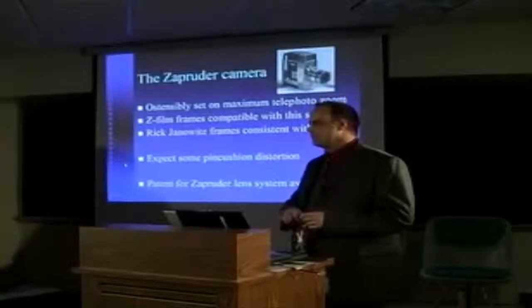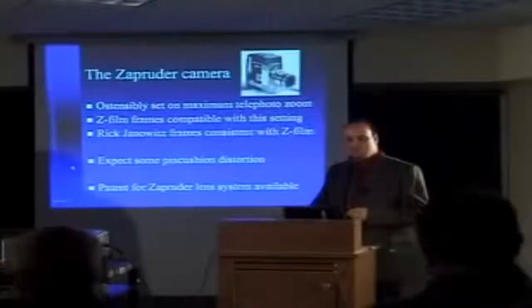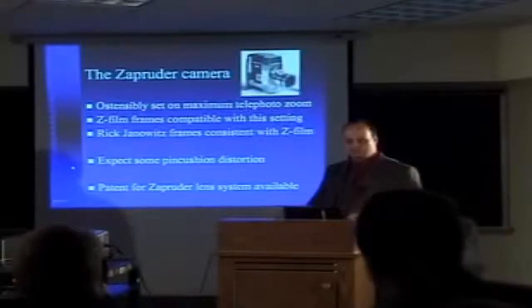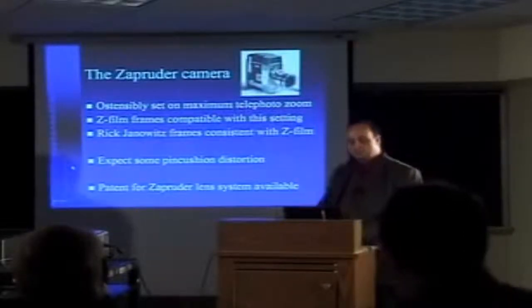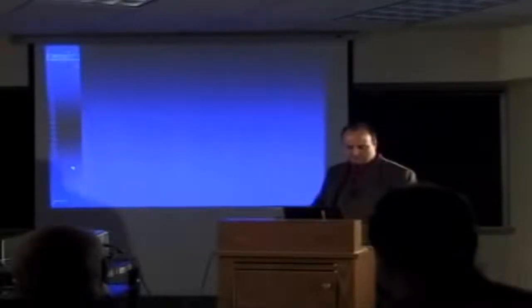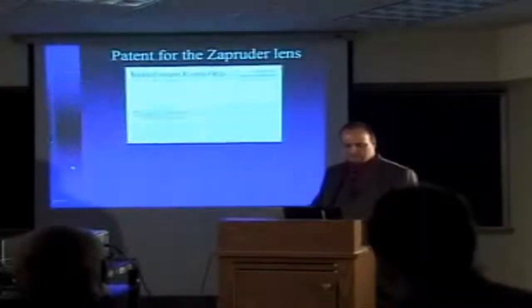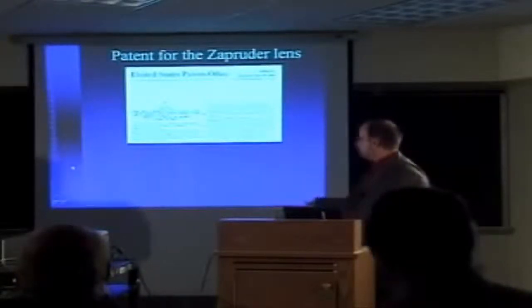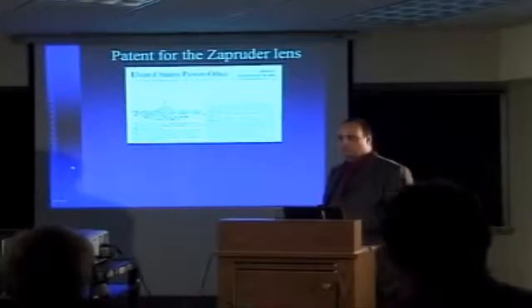I think it's in the Zapruder report, is that right, David? The patent for the Zapruder lens is one of the attachments, so you can actually look it up. It's a little bit difficult to decipher, as most patents are. The patent is number 63, but of course applied for in 1959.